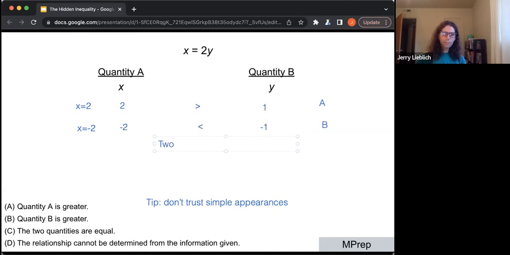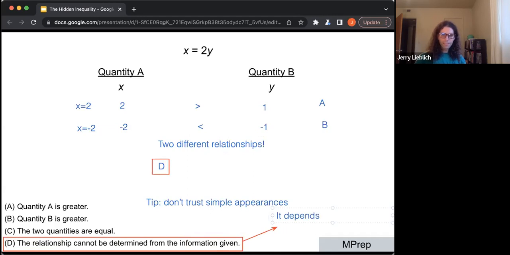As soon as you have two different relationships, the answer is D. And this is what we mean by this relationship cannot be determined. Really, it means it depends.